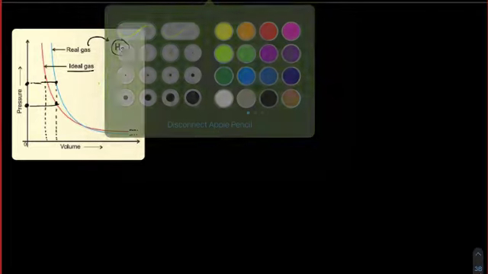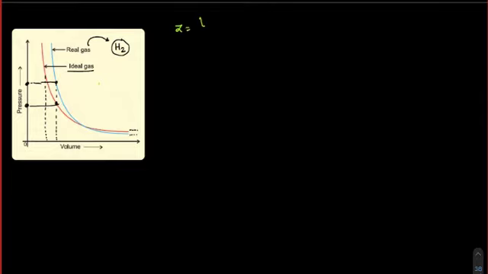In short, what we have discussed earlier, the Z value, which is V real by V ideal at constant temperature, pressure and number of moles. This is what we have discussed as the compressibility factor, right?